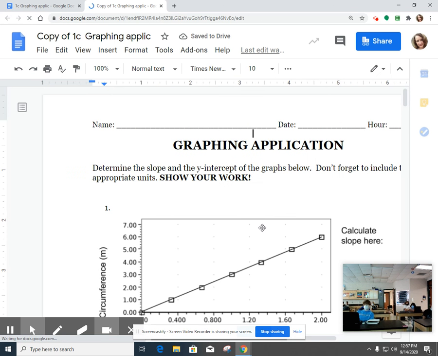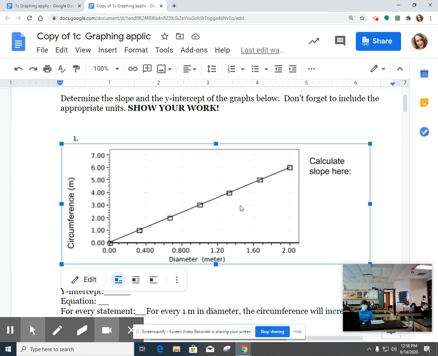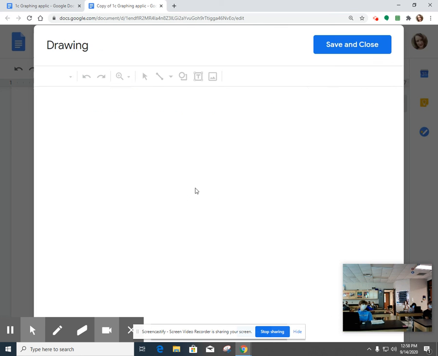So you've got graphing applications. Okay, same exact idea of what we just did on paper. If you want to continue to work on paper instead of on the screen, awesome. It's actually a lot easier if you do it on paper, in my opinion. Those of you that want to do the typing, follow along and I will show you what to do. Okay, I'm going to click this. You can either hit edit or you can double click on it and it will open.